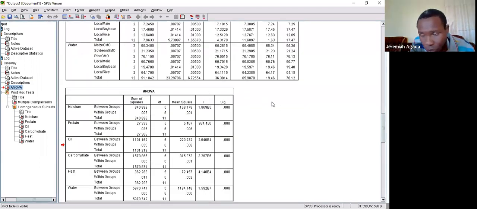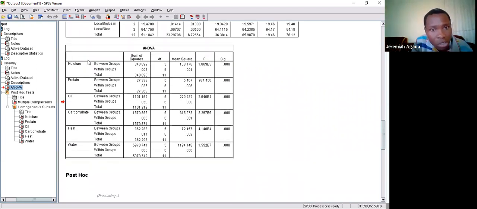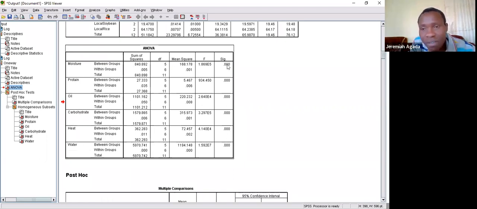This is ANOVA. And then from ANOVA, we have our moisture now. We have protein, we have oil, carbohydrate, heat, and water. Now for moisture, our significant difference is 0.000. All of them are 0.000. From the understanding that when your p-value, level of significance, is less than or equal to 0.05, there is a significant difference.